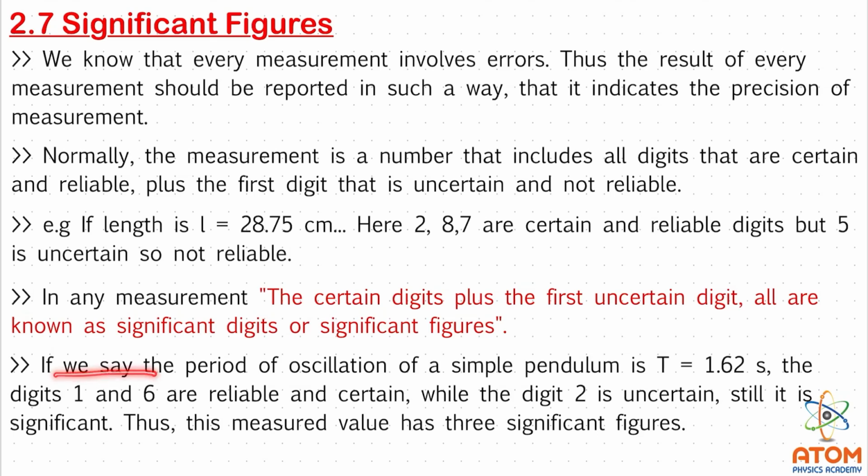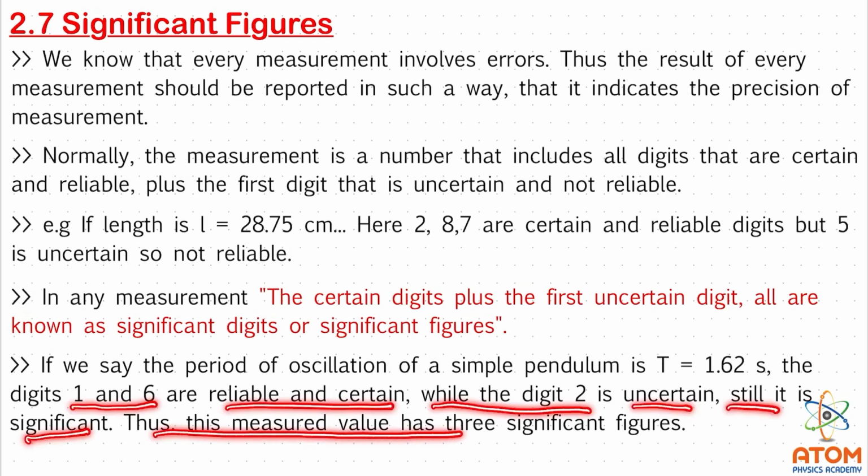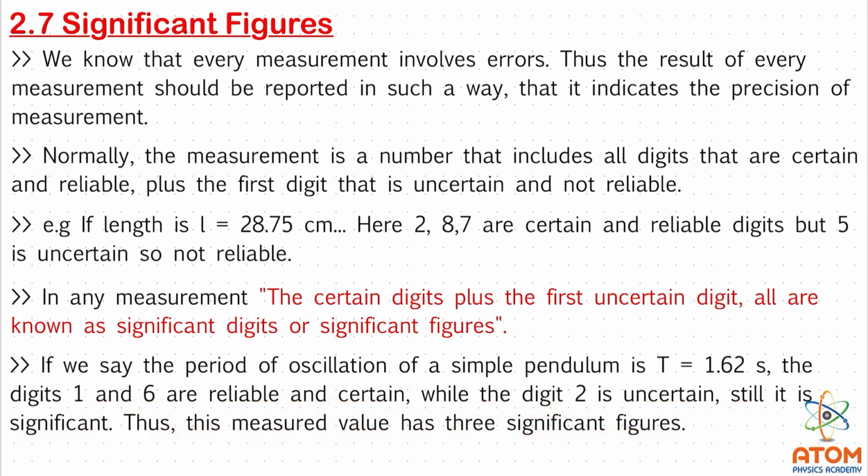If we say the period of oscillation of a simple pendulum is T equal to 1.62 second, the digits 1 and 6 are reliable and so they are certain also, while the digit 2 is uncertain. Still it is significant. Thus the measured value has 3 significant figures. As we have discussed already, this 1 and 6 are significant.